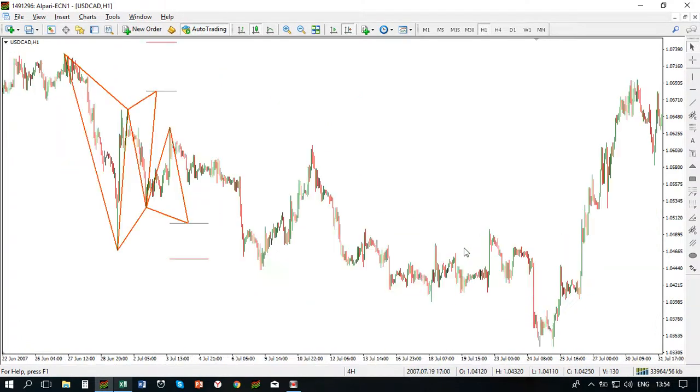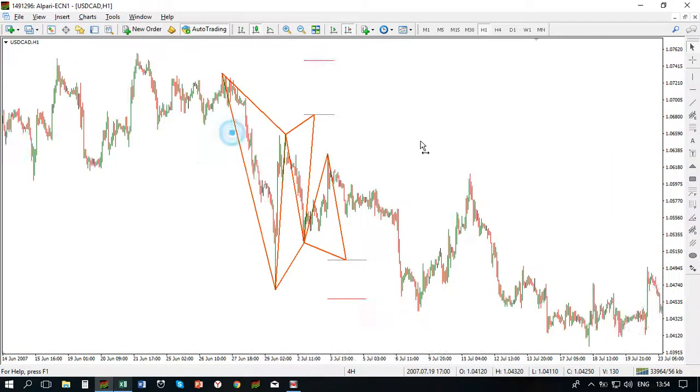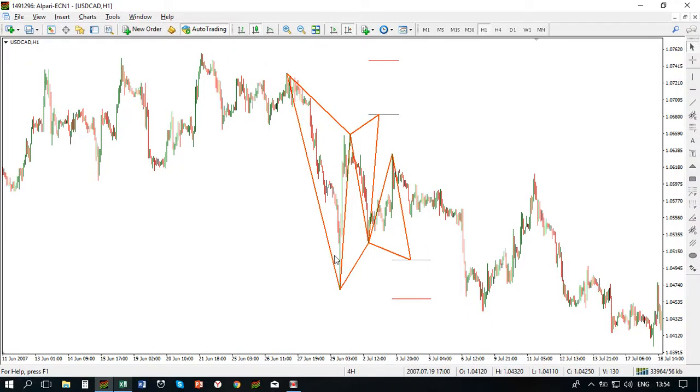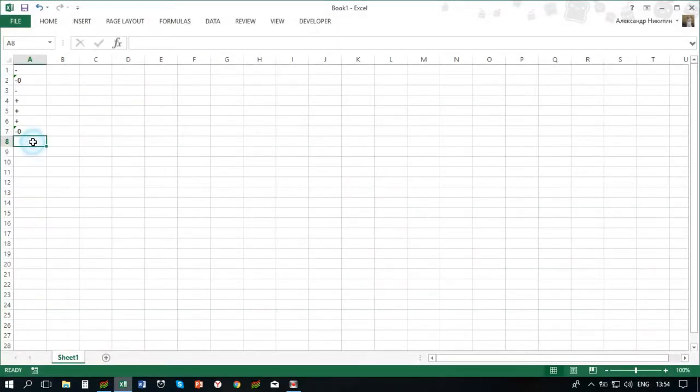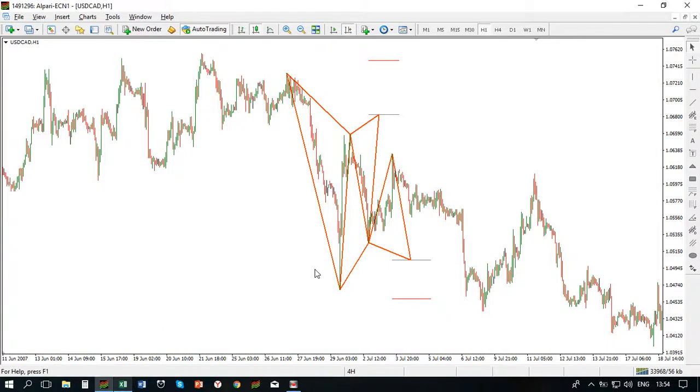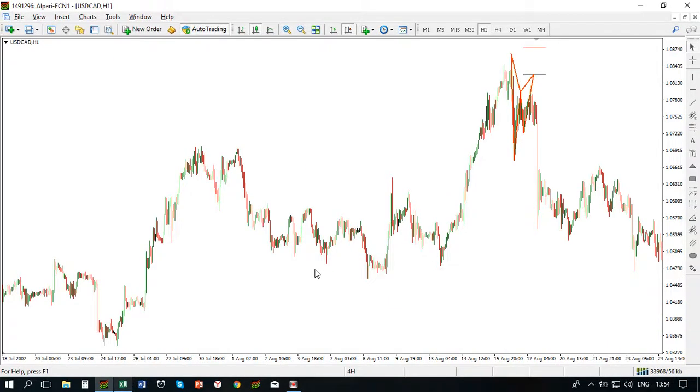Nothing. This one is a loss. We had a downside, and then we have that bullish pattern. It is a loss. Going next, never completed here.